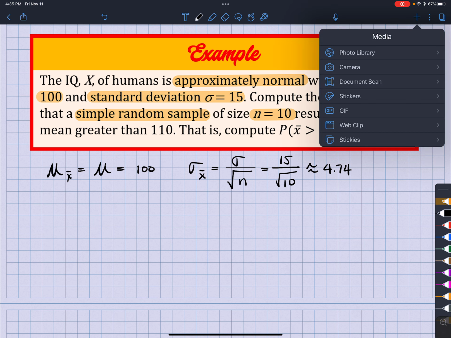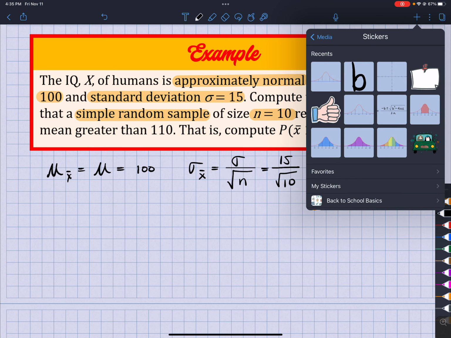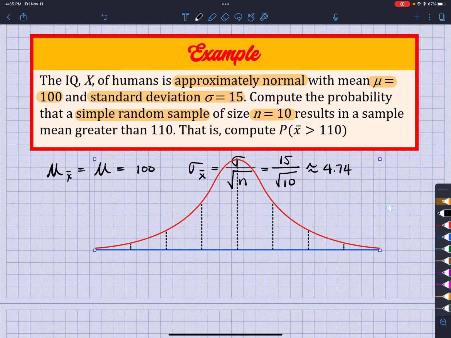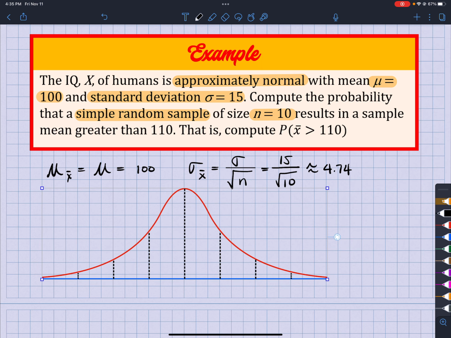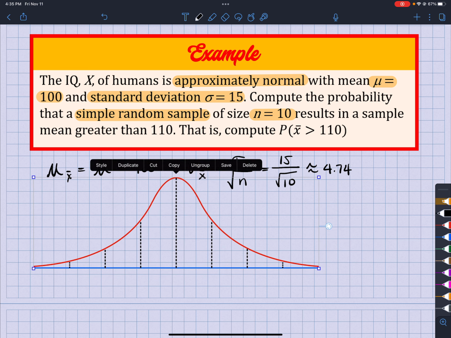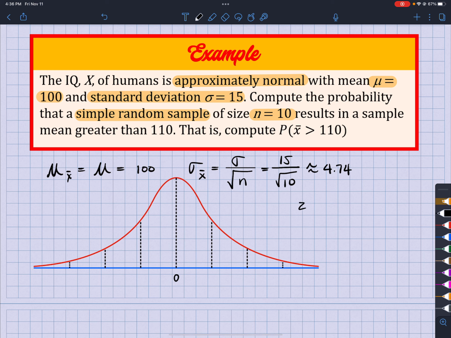So, what we could do is find the z-score because it's approximately normal. We're normalizing this so that the mean is 0 and the standard deviation is 1. In order to do that, we'll have to find the z-score for that 110.